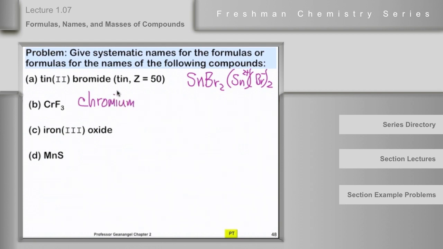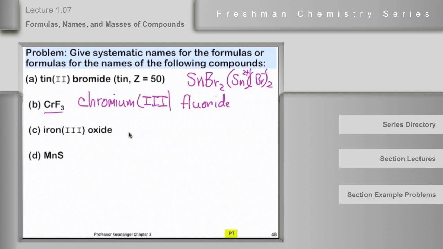And what's the Roman numeral for 3? III. Okay? And the name for the ion, in this case, will be the fluoride ion. Chromium 3 fluoride is the name that applies to CrF3. Okay? Everybody all right?